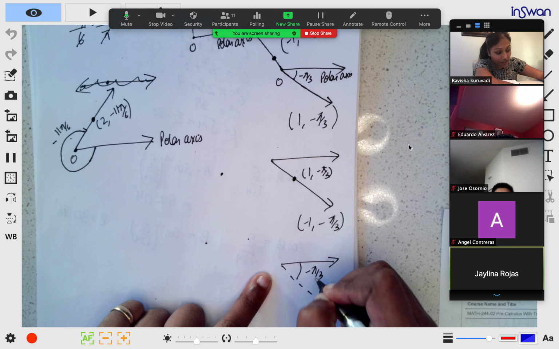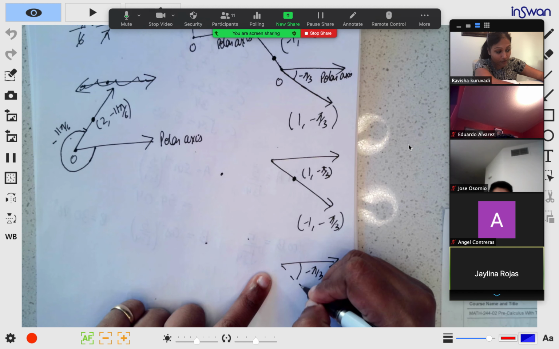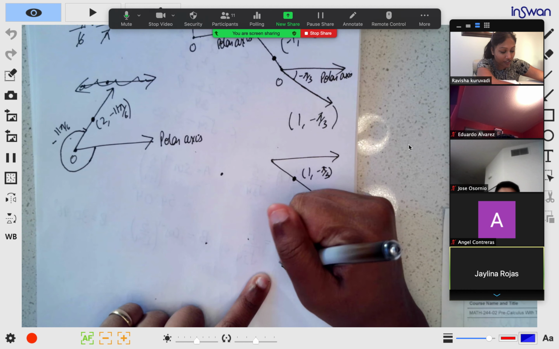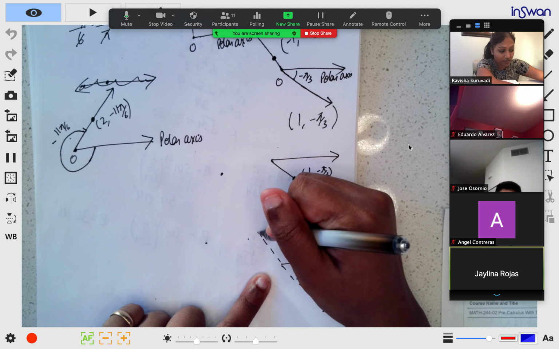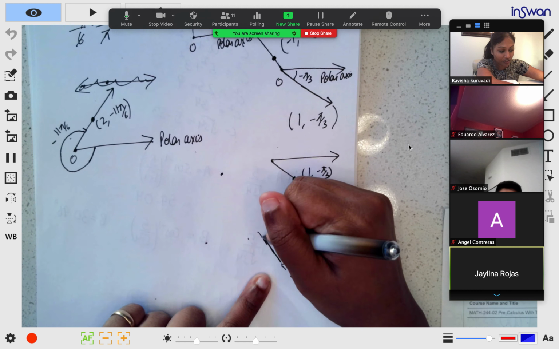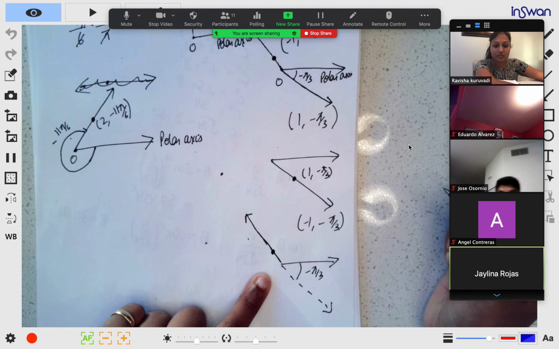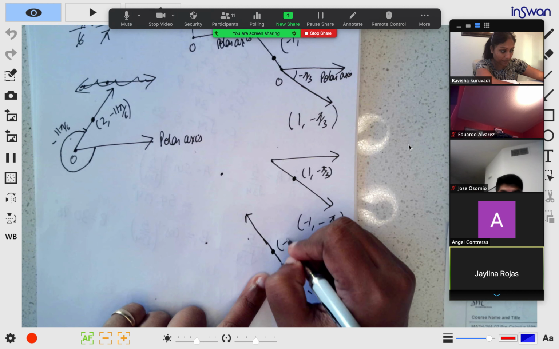If I draw 1 centimeter here, if I put the point here, it will become 1, negative pi over 3. Are you getting my point? But I need -1. So I will go in the other direction. I'll extend this line in the other direction, and I will take 1 unit here. You got it? Yes, I got it. Thank you.